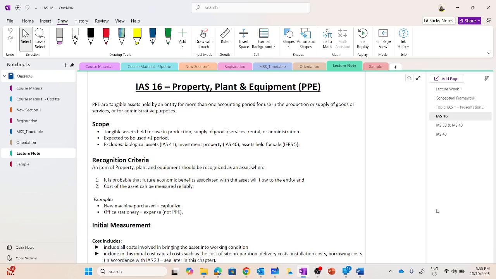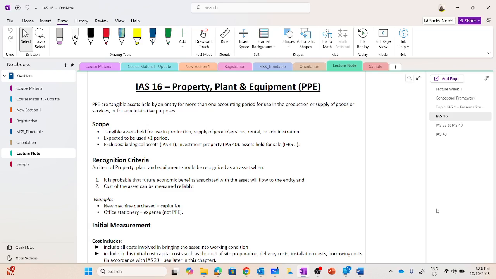Also, we are going to look at the scope of PPE, as it excludes biological assets, which is covered under IAS 41, investment property, which is covered under IAS 40, and we are going to exclude IFRS 5, which is non-current assets held for sale and discontinued operation.